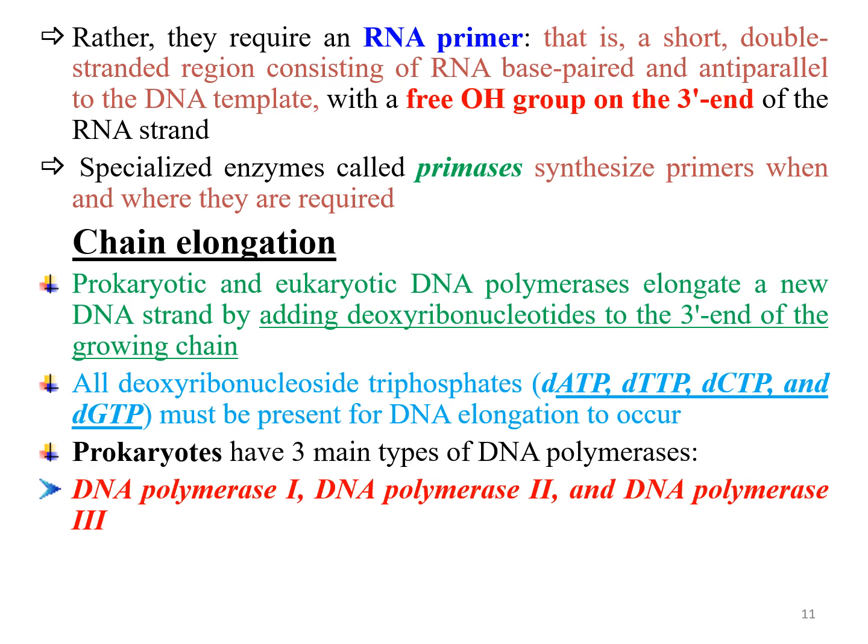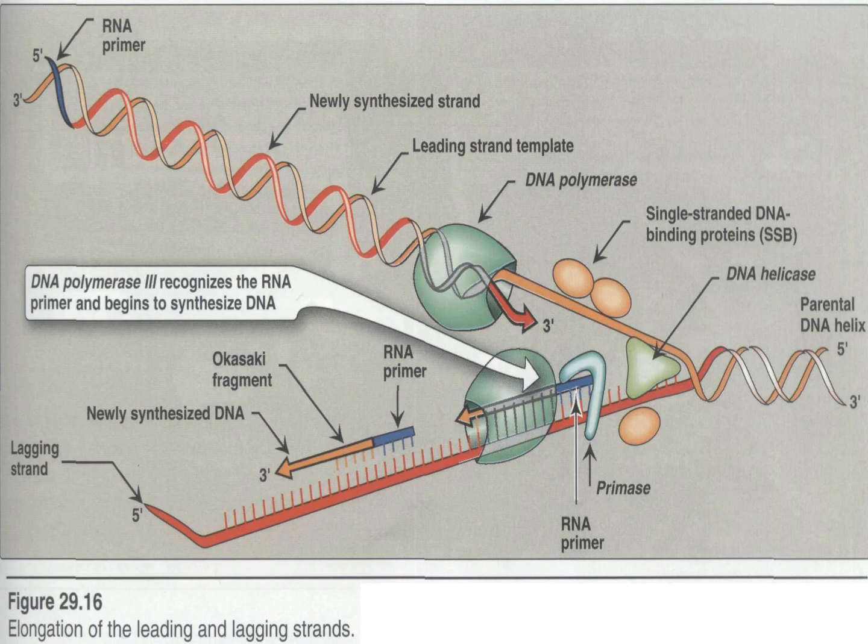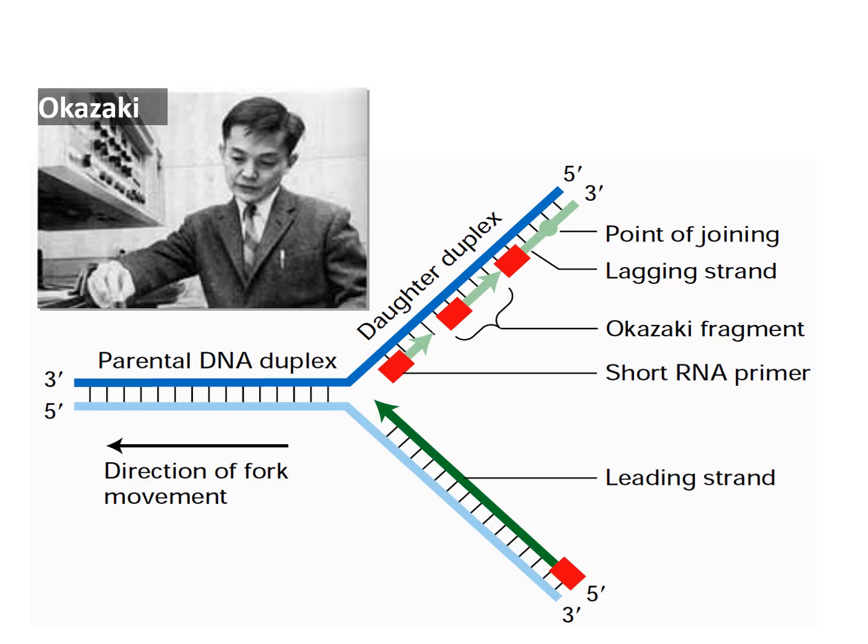Prokaryotes have three main types of DNA polymerase: DNA polymerase 1, DNA polymerase 2, and DNA polymerase 3, which have different functions. This is the structure of how the RNA primer is used for filling the gap left by topoisomerase, by extending the chain. This is Okazaki, the first person who identified the two fragments, the leading strand and the lagging strand.